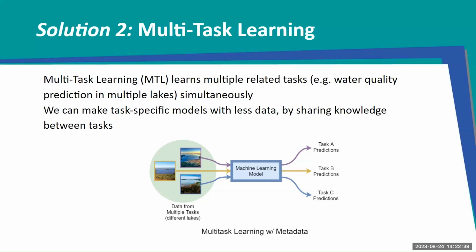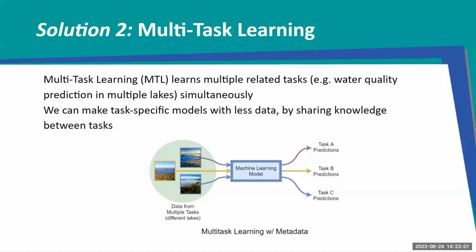If you're learning a model for one lake and a model for another lake, there's a lot of knowledge in each of those models that's transferable between them. By sharing that knowledge using transfer learning in a multitask learning setting, we can improve the performance across all lakes and make task-specific models, even though we don't have enough data per lake to train these models individually.